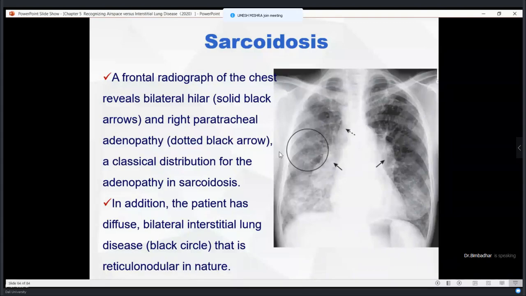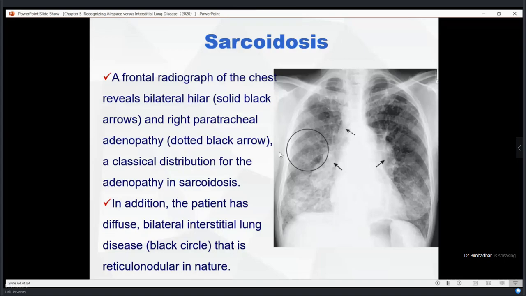Prevalence of pulmonary tuberculosis in patients with sarcoidosis is high. Don't ever forget this. And if you are suspecting a patient has tuberculosis, you also think maybe he could have sarcoidosis. Maybe the reason for pulmonary tuberculosis could be sarcoidosis.